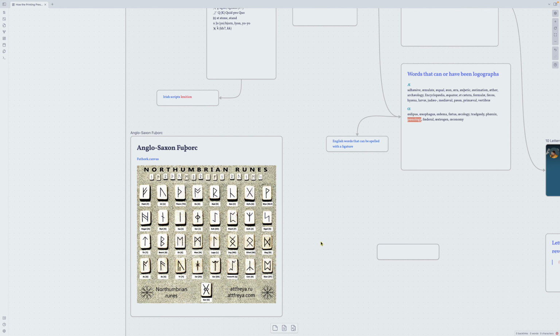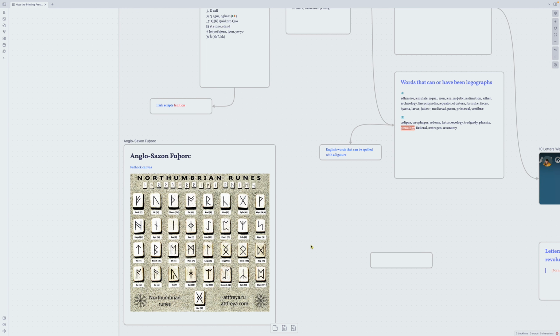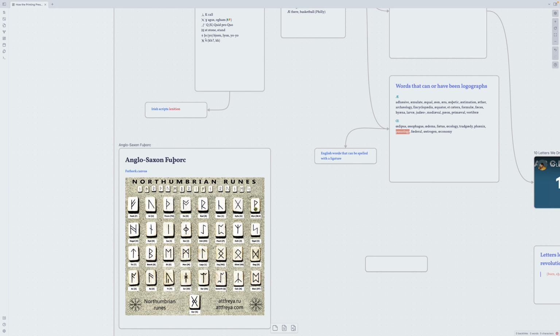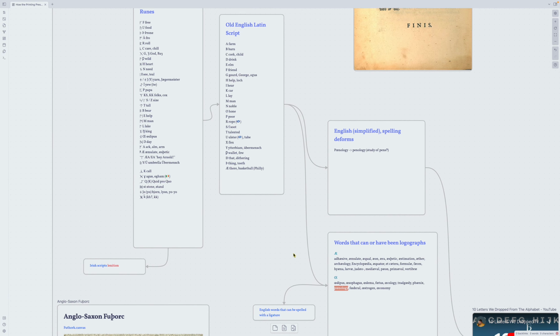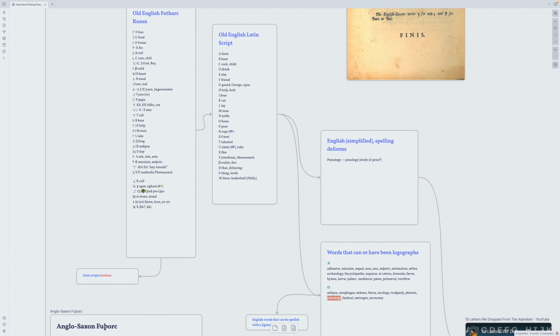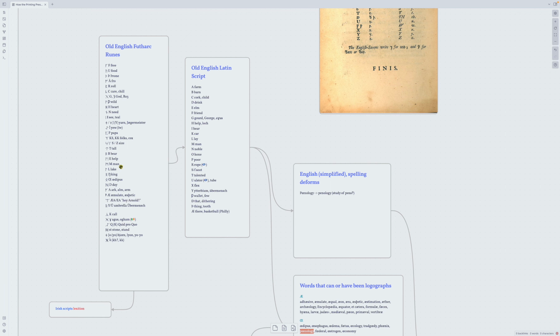basically, English for a very long time used the runic writing system, which had certain letters that don't directly correspond with English letters. You've got letters like Eth and things like, we had Wynn here, which was represented by another dead letter, and this letter that kind of represented Ogham.